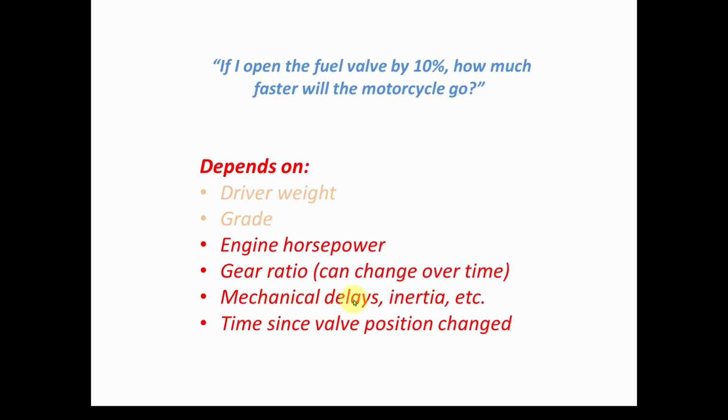Also, mechanical delays. Maybe when you change the throttle position, it takes 10 minutes to change the position. It's not going to go as fast. So there are some timing issues and some specifics of your motorcycle you need to take into consideration when you are modeling it.